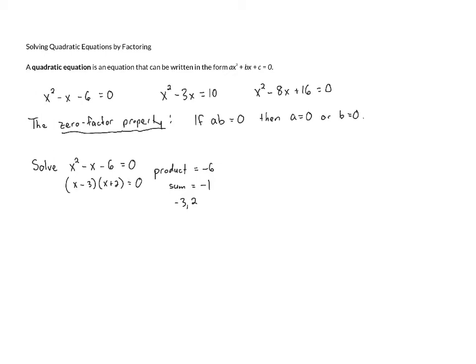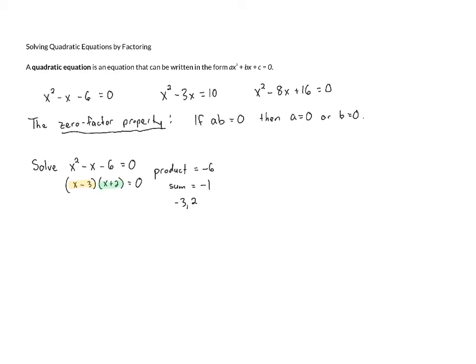Now, what we've done here by factoring this polynomial is we've written it as a product. And remember what the zero factor property says. It says if we have a product of two things that equals 0, then one of those factors is equal to 0 or the other one is equal to 0. So in this case, because we have a product of two factors equaling 0, the first one's x minus 3, the second one's x plus 2.